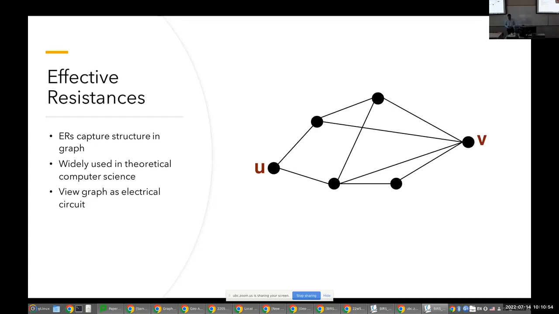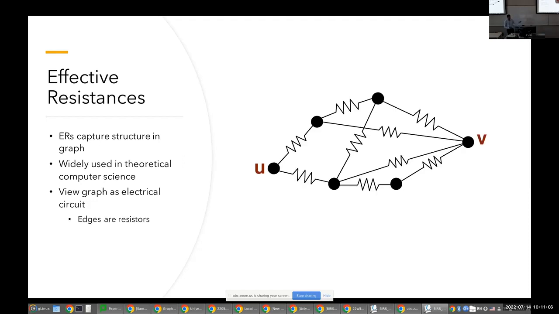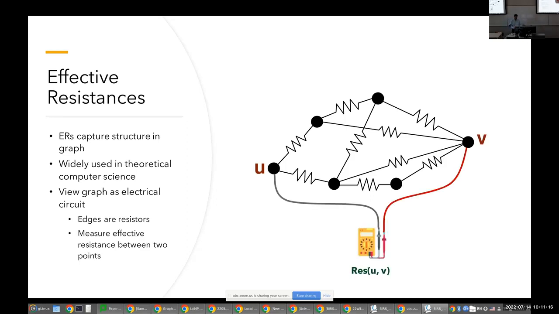The basic idea is this: I have a graph, and I can view it as an electrical circuit. We're going to go back to physics 101, when you learned about circuits, and replace every edge with a resistor. Then I can connect my nodes of interest, say U and V, to a voltage source, like a battery. You pass some current from U to V, and then you can measure how much current is actually passing between the two nodes.